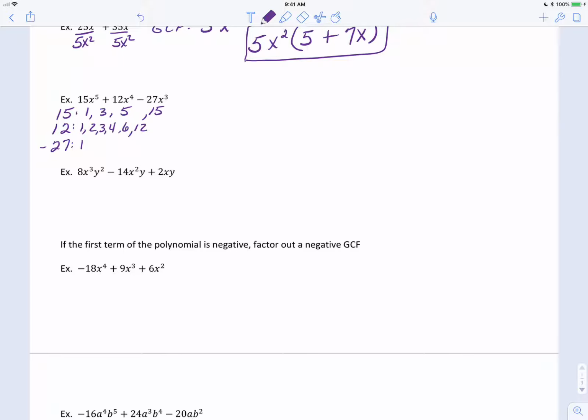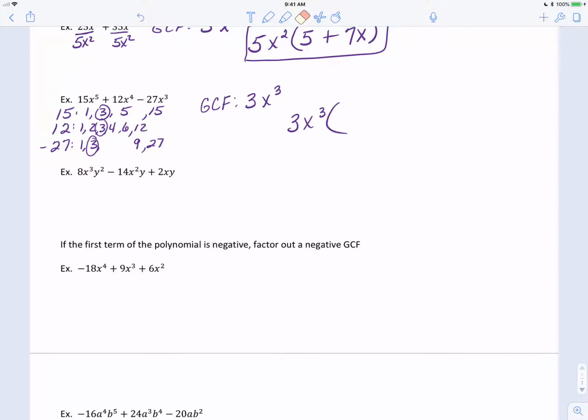So 27, 3 times 9. That's it. So what is that? 3 then? 3 is our common one. So our greatest common factor is going to be 3. And then since they're all x's, we can say x cubed is in every one of those. So let's take that 3x cubed out of each one of these terms.